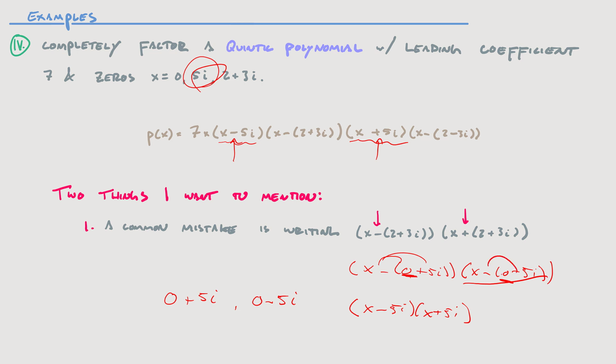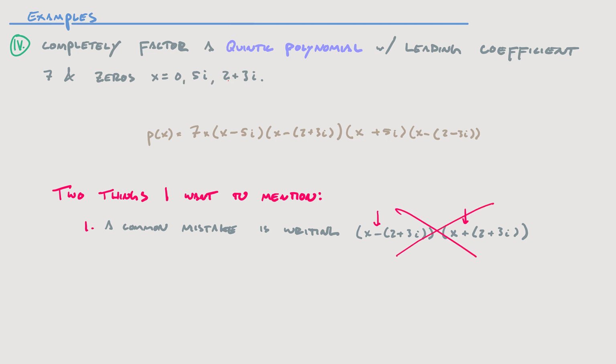So when there's no real part to the complex number, then okay, the sign right after the x is the one that changes. But when you have a full complex number with a non-zero real part and a non-zero imaginary part, it's the sign between those real and imaginary parts that is changing. So it's not these. These don't change, right?